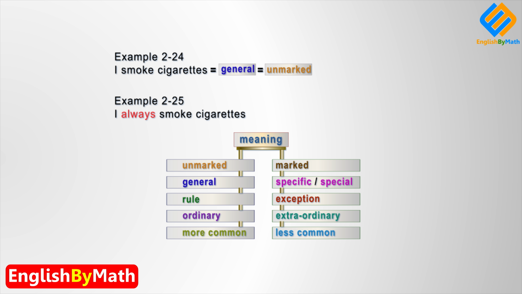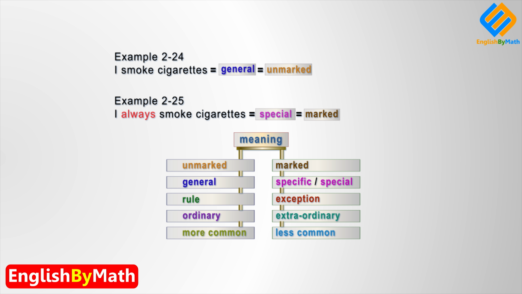The word always, therefore, makes the meaning special or marked. Because 224 is unmarked, it can be said to anybody. Example 225, on the other hand, cannot be said to anybody. It can only be said to a friend or a relative to ask for advice or help with the problem of smoking.